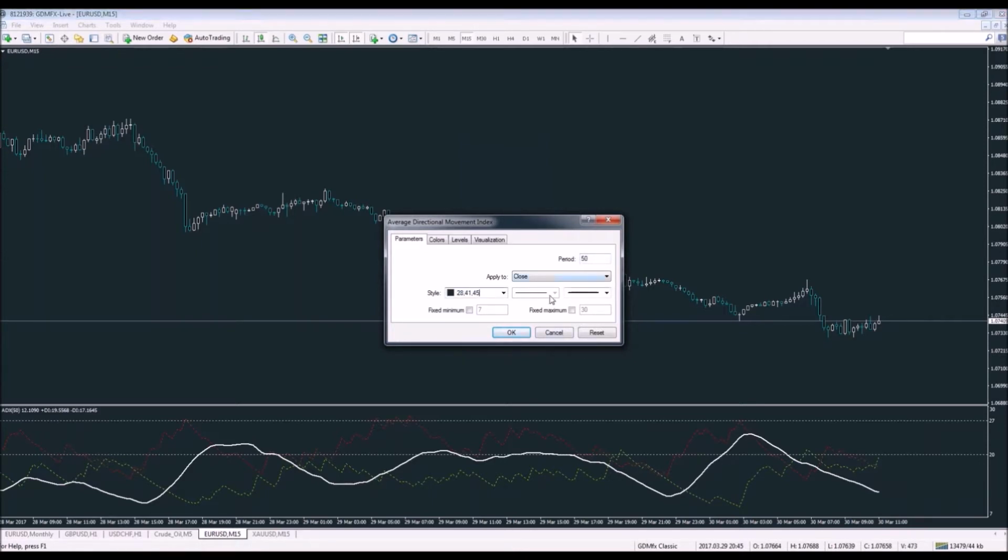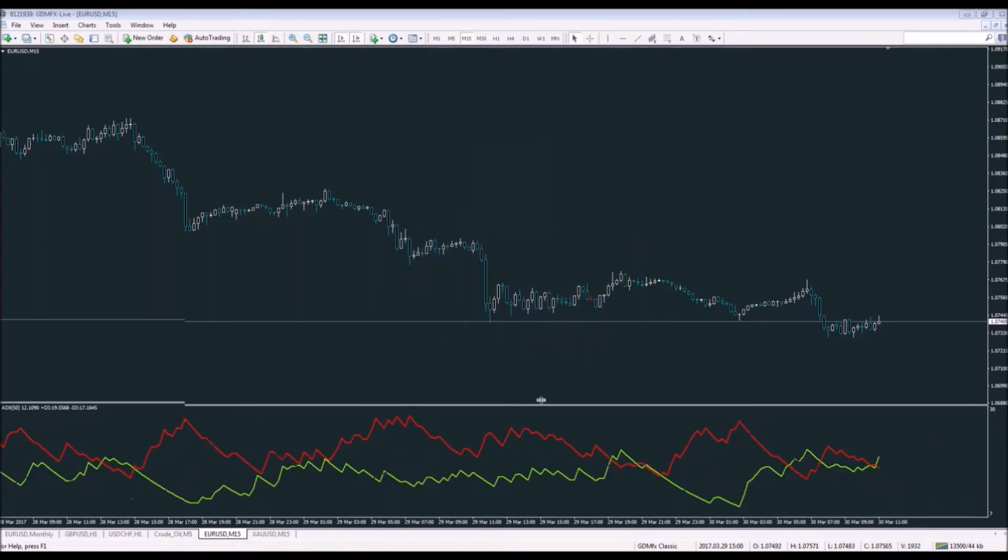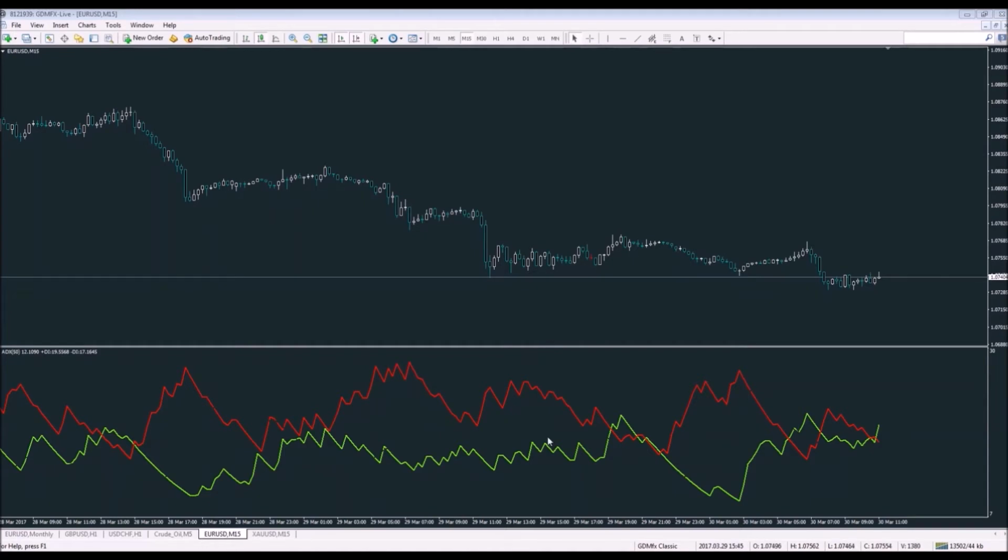However, using the background color and also a few other particular settings, by thickening the lines a little bit so we can see it much better. We don't need levels right now whatsoever, and this is how it looks. You can see it's much clearer. The crossovers which we are going to use here, and everywhere, of course.